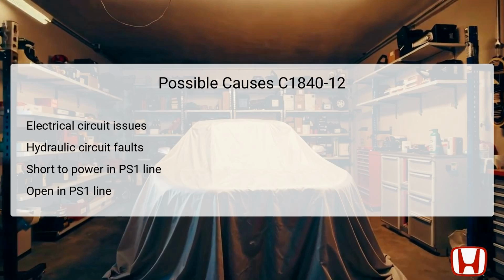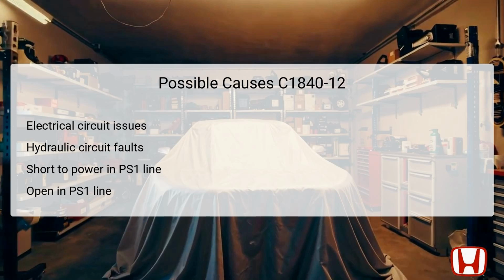Several potential causes may lead to the triggering of DTC C1840-12, and understanding these causes is vital for accurate troubleshooting. The first category includes electrical circuit issues, which may be indicated by loose connections or shorts in the wiring that leads to the differential fluid pressure sensor.